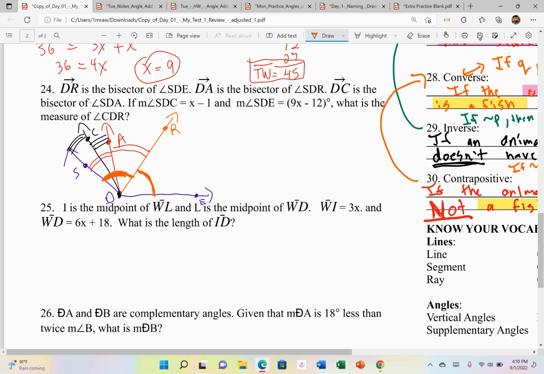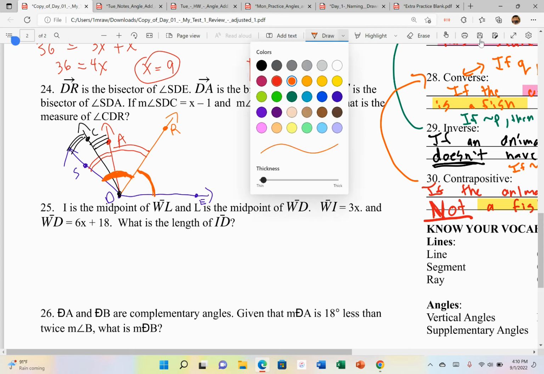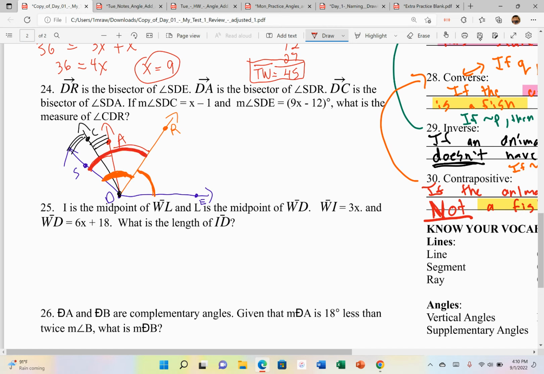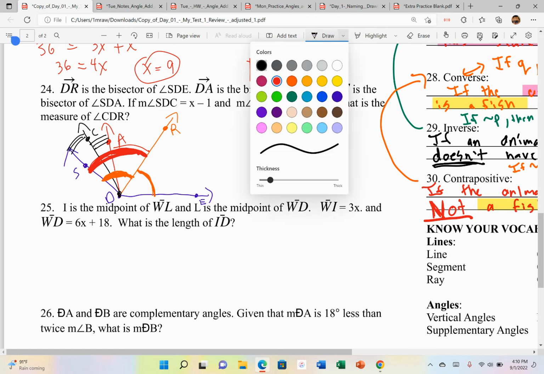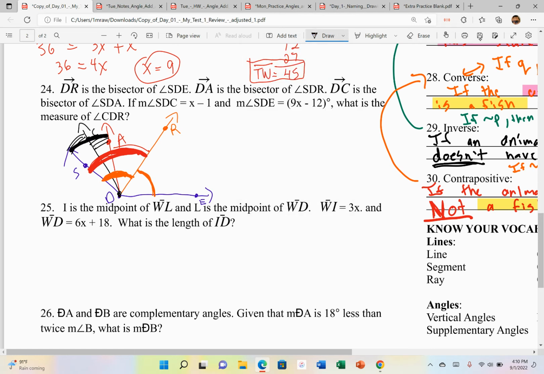This orange angle is then cut up into two angles right here. Does everyone see those two angles? Right? Then this angle is cut up again in two more angles. Right? So it's half of a half of a half.